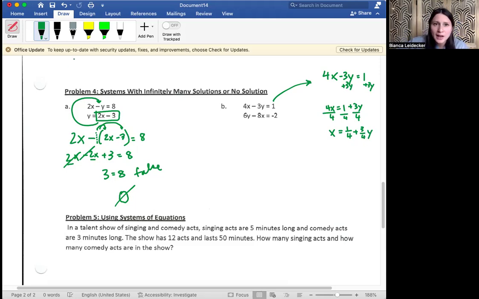But since I have solved for x in my second equation that I haven't touched yet, I'm going to replace x with this phrase that I just wrote down. So I'm going to write this as 6y minus 8 times 1/4 plus 3/4 y equals -2.